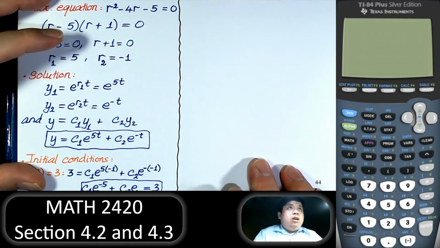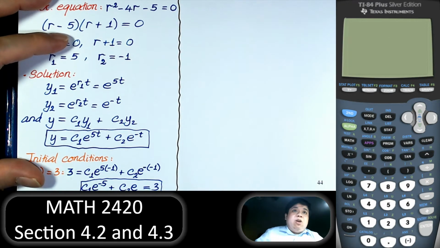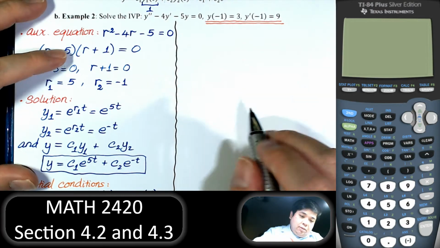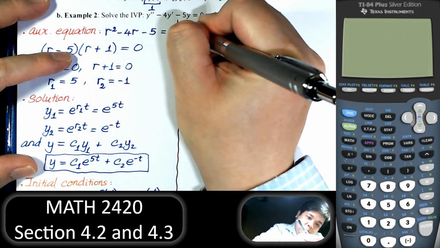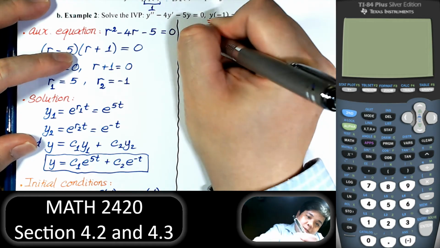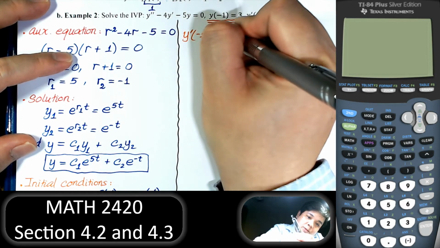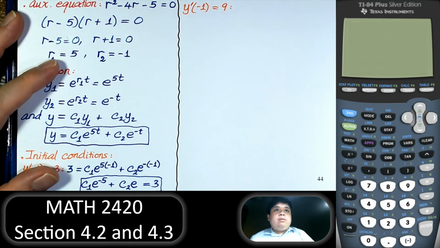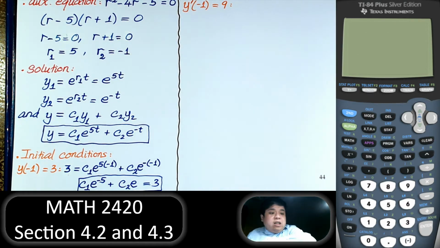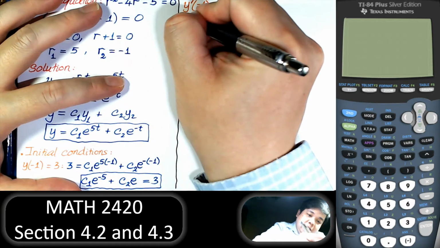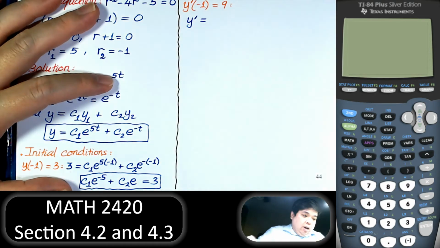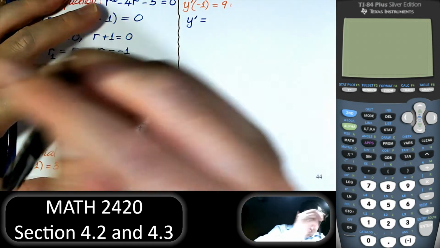Now the other one is the other condition, y prime of -1 equal to 9. Before we actually put in the numbers, we have to take the derivative. If this is y, y prime is equal to the derivative of this function.